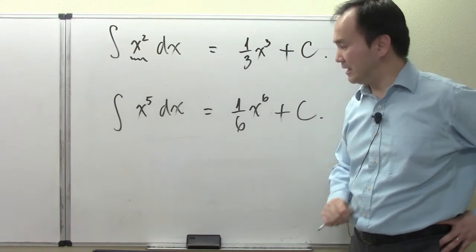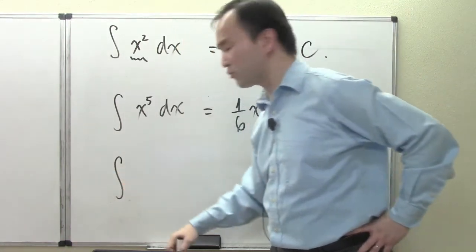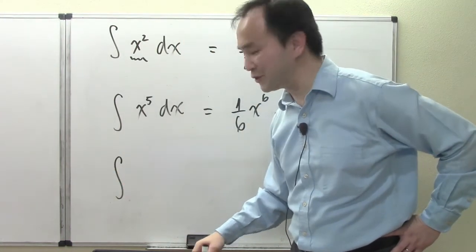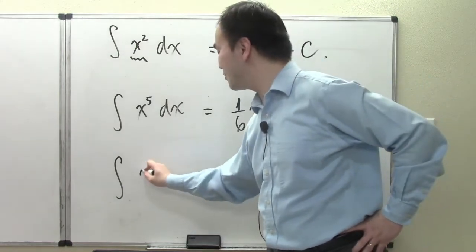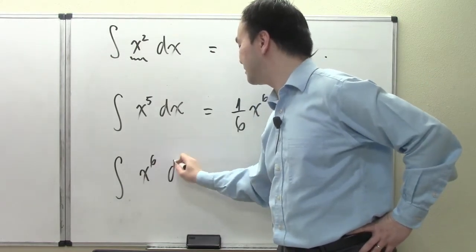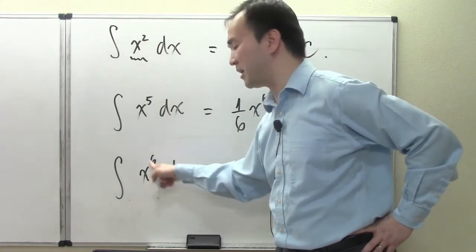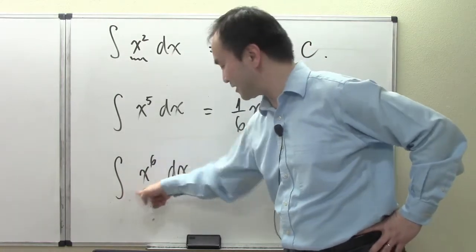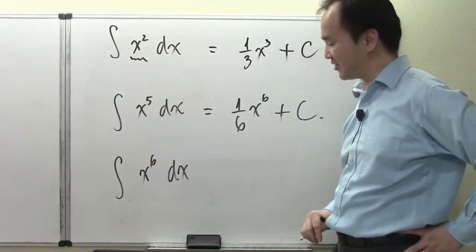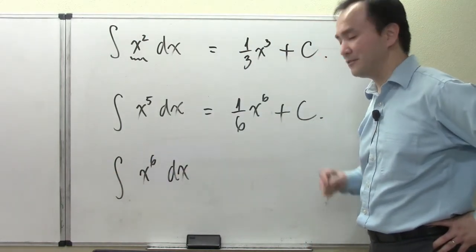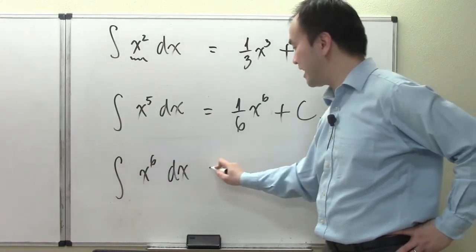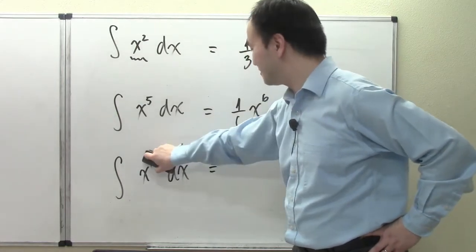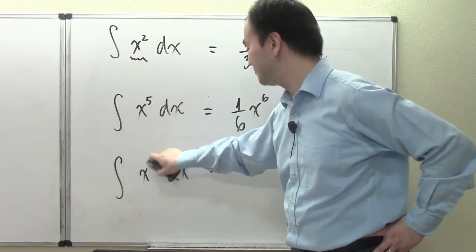Okay? And the next one that I left for viewers to try on your own was finding the antiderivative of my function. See, these two symbols always come together as one whole package. It's one symbol indicating find the antiderivative. Actually, I remember incorrectly.